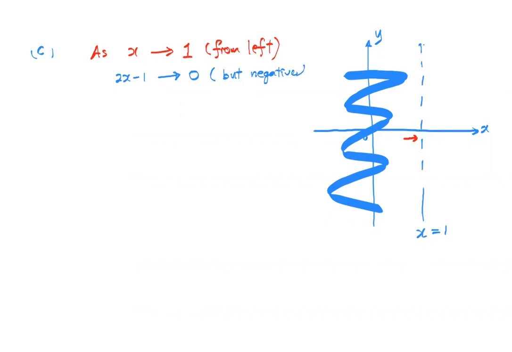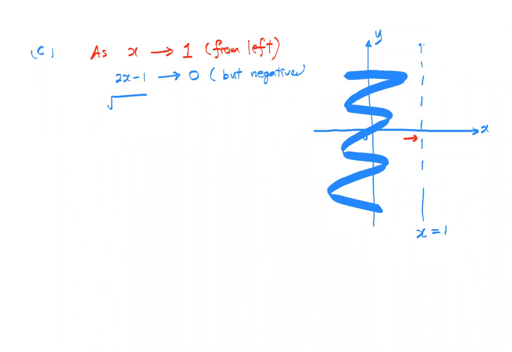What happened to my square root of 1 minus... wait, 2x minus 1 shouldn't really approach 0, because you multiply by 2. I forgot the 2. Should be positive.